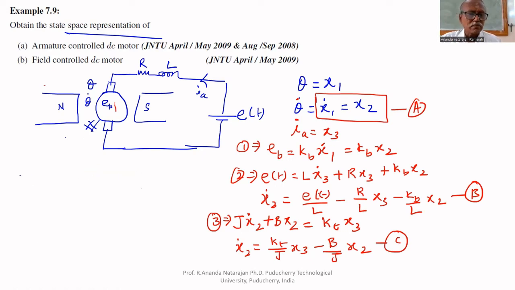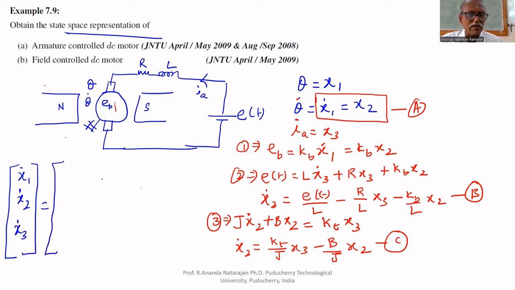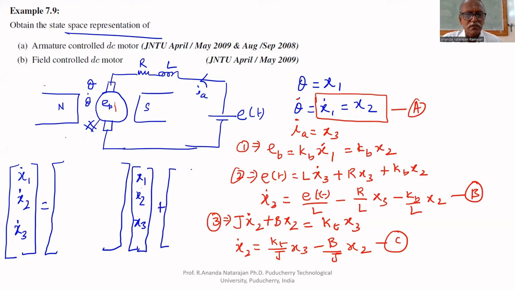So x1 dot, x2 dot and x3 dot equal to a 3 by 3 matrix, because there are three state variables x1, x2 and x3, plus the B matrix multiplied by E of t. E of t is the input.